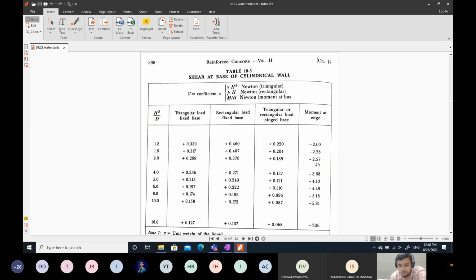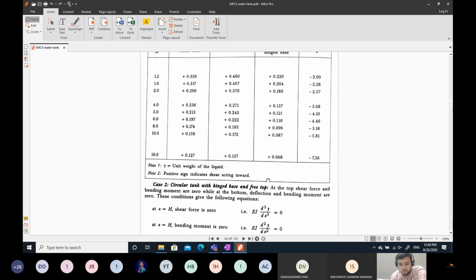Then this is the shear force at the base. Okay, so for shear force at the base, there are triangular load fixed base and rectangular load fixed base. Based on that, you get these tables, which are given in IS 3370.